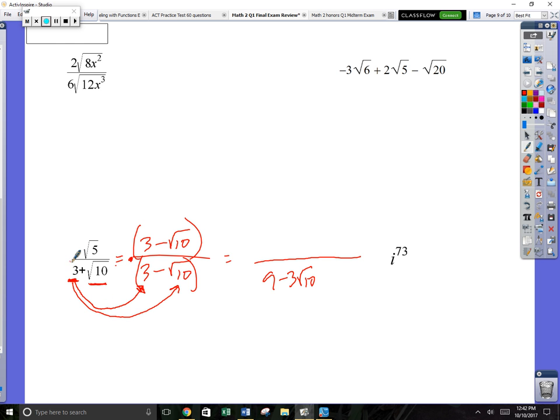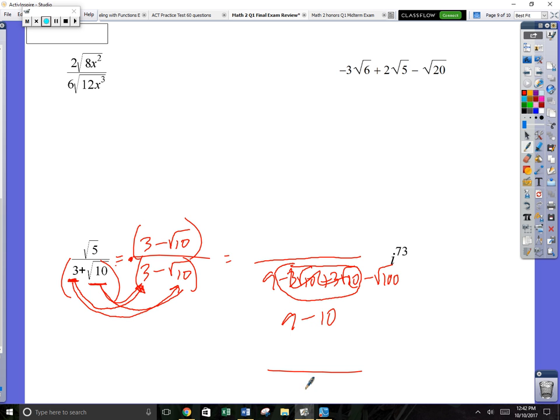And now let's distribute the square root 10 to the 3, and that's a plus 3 square root 10. And let's distribute the square root 10 to a negative square root 10. That's negative square root 100. So right here is your 0. You got negative 3 square root 10 plus 3 square root 10. That will create 0. And you got 9 minus the square root of 100. That's just 10. So on bottom, you've just got a negative 1, which is nice and rational.